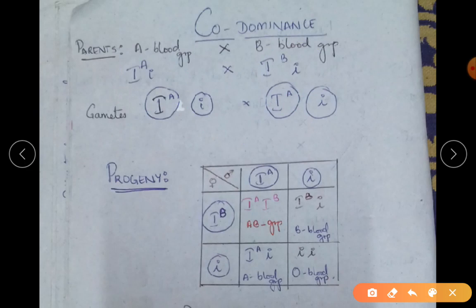If it is 3 marks and they have not mentioned whether it is homozygous or heterozygous, directly start with the heterozygous condition. There are two cases, homozygous and heterozygous, but we will consider in general the heterozygous condition to get the possibilities.